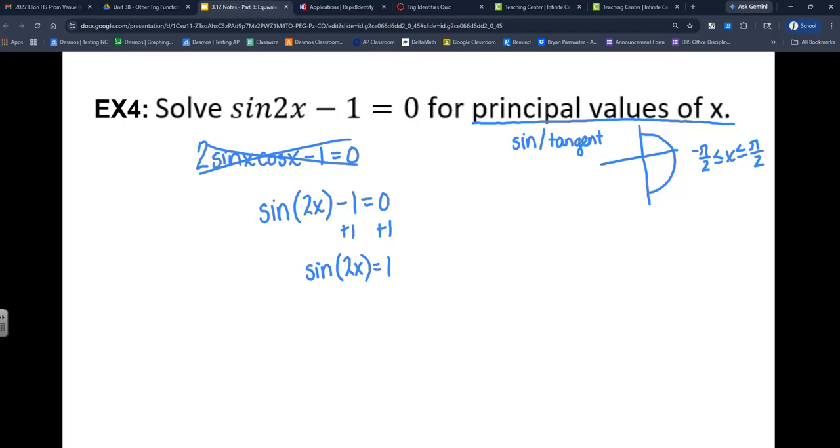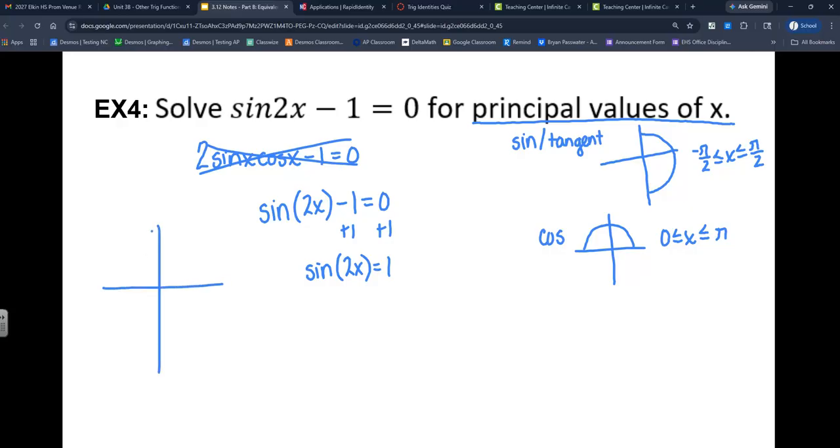If it were cosine, then you're looking at the first and second quadrant, 0 less than or equal to x less than or equal to pi. But for this problem, we have sine, so we want to use those values. So what I need to think about now is the unit circle.